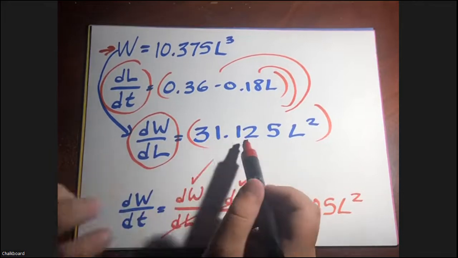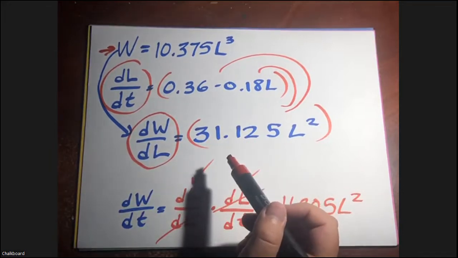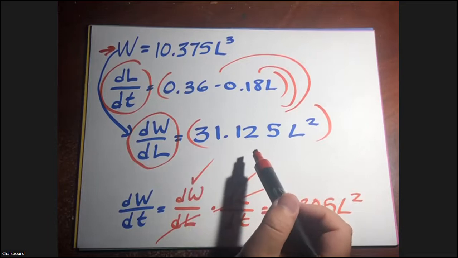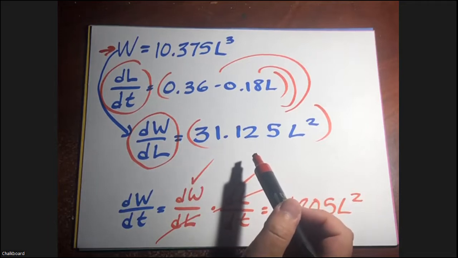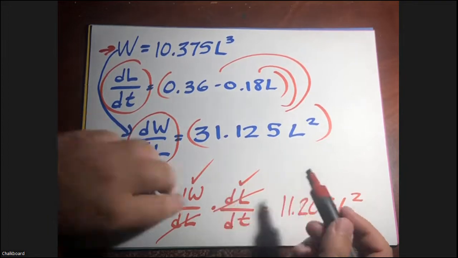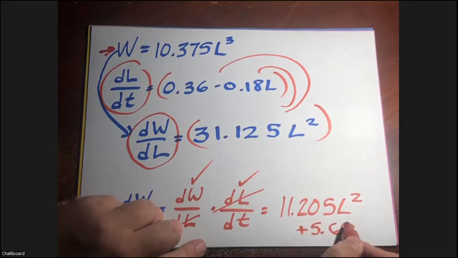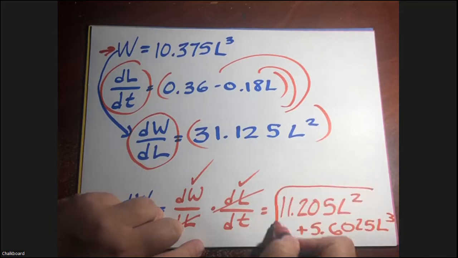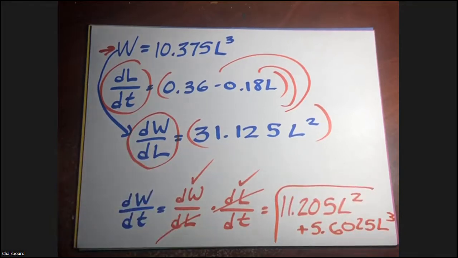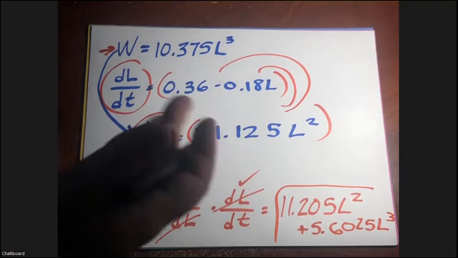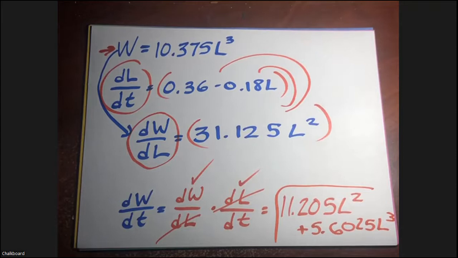And then 31.125 times negative 0.18, right? 5.6025, and then L cubed. This is the answer they're looking for in a question like this. Pretty extra, isn't it? And they wanted it in terms of L. Notice everything is all just L's, and it does make sense.